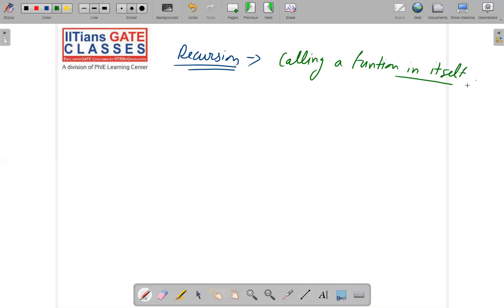If you are given an input of size n, you want to reduce the input size to solve the problem. Once the input space is reduced, the problem is also reduced. Suppose you are given an array of size 100. You want to call the same function again with a reduced size of 99.